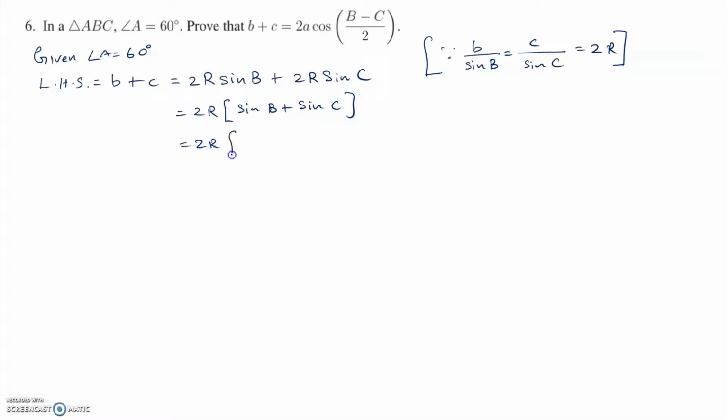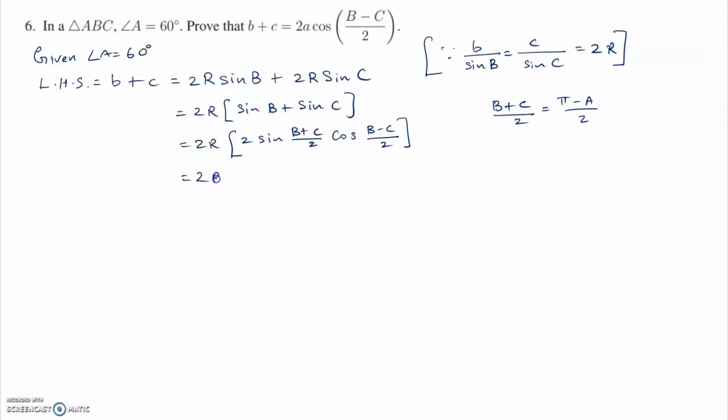Further, we can write sin B plus sin C as 2 times sin (B plus C)/2 into cos (B minus C)/2. Now what is (B plus C)/2? (B plus C)/2 can be written as (pi minus A)/2, because A plus B plus C is equal to pi.